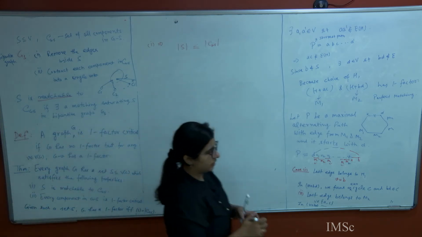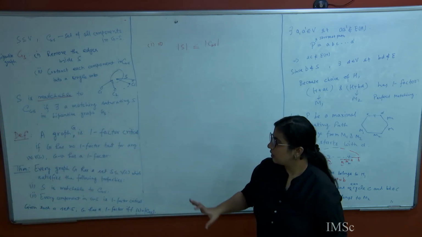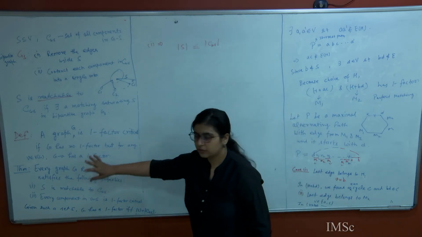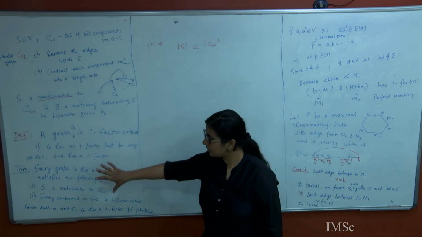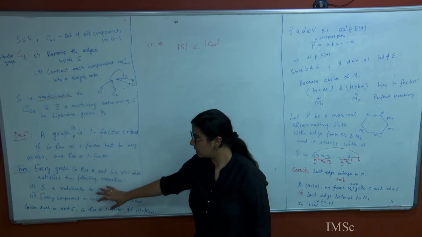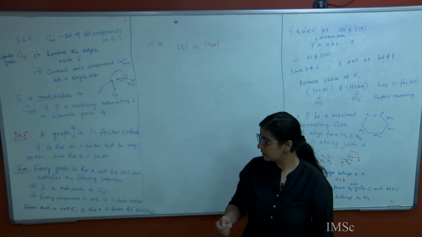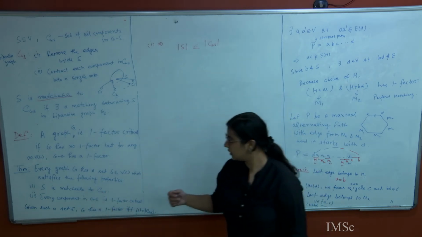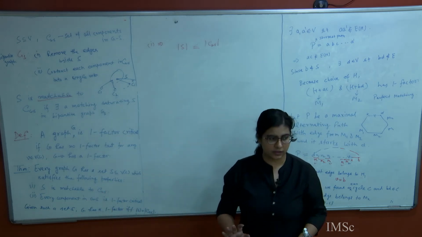This is the characterization. First of all, every graph contains such a set which has these two properties: that S is matchable to C(G − S) and every component in G − S is one factor critical.